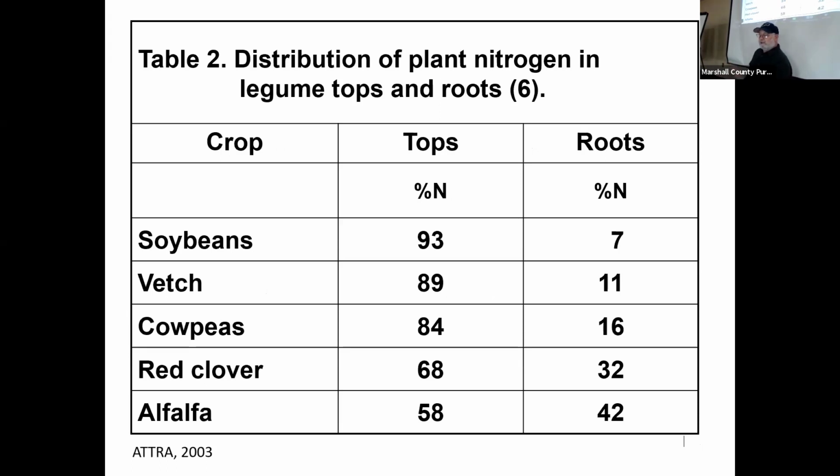So when we're looking at different crops that we can use in our garden space, it would be more like red clover. We could use cowpeas, vetches, but you can see the roots can have a significant amount of the plant nitrogen as compared to the tops, depending on what we decide to grow.